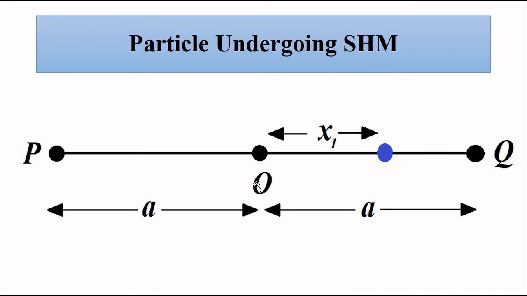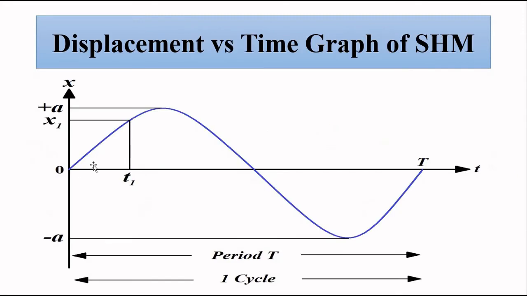The basic examples of SHM we also discussed briefly, that is the movement of a spring attached with a mass, or a simple pendulum. There are many other examples which we will discuss. We also discussed that the instantaneous displacement, that is the distance of the point from the mean position, with respect to time follows a sine or cosine curve.